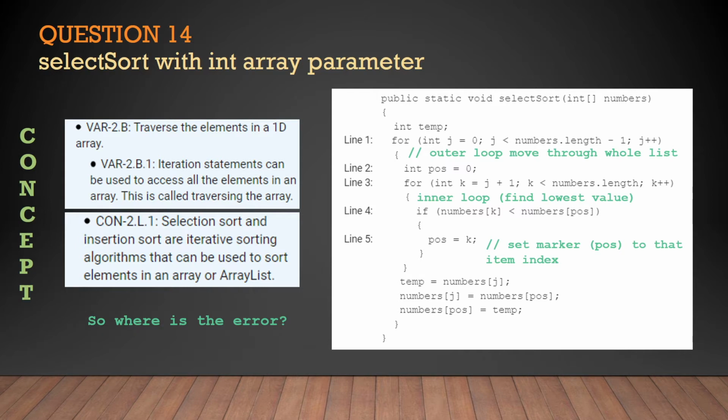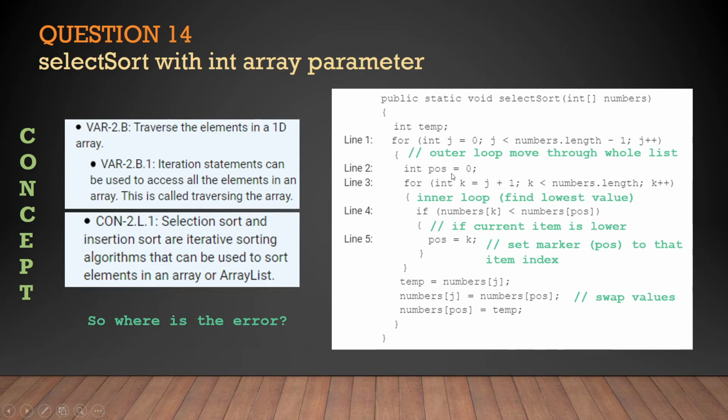If these elements are confusing to you, it just means you haven't identified all the elements of how selection sort works. It works by this position number here, and this is the clue. Pos is where the error is, right? So pos is holding the place of the smallest number. But we don't need to start pos at 0 each time.